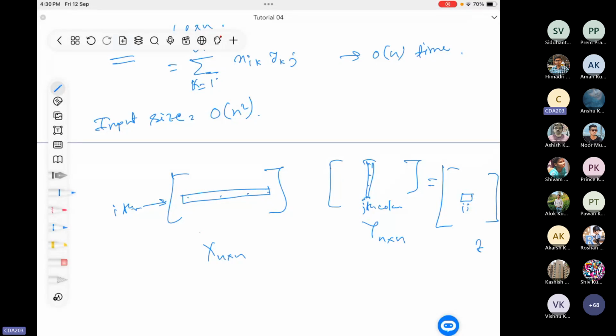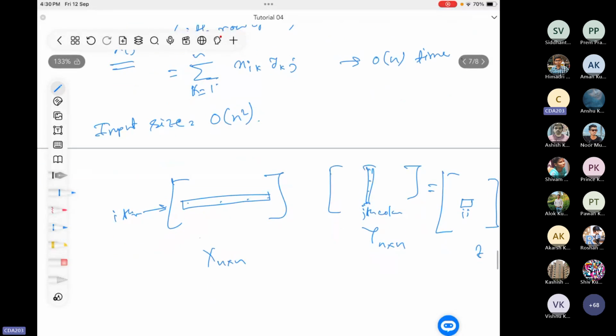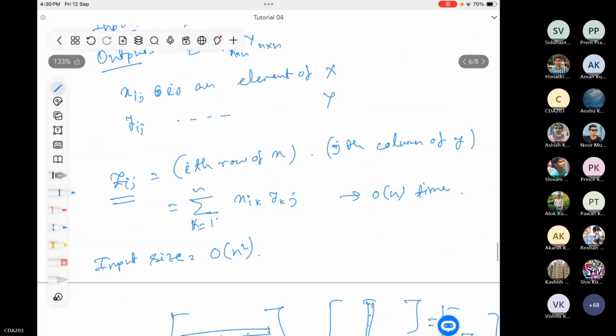When we are computing this Zij, we are computing these multiplications basically. So how many xik are there? 1 to n. Then how many kj are there? 1 to n.